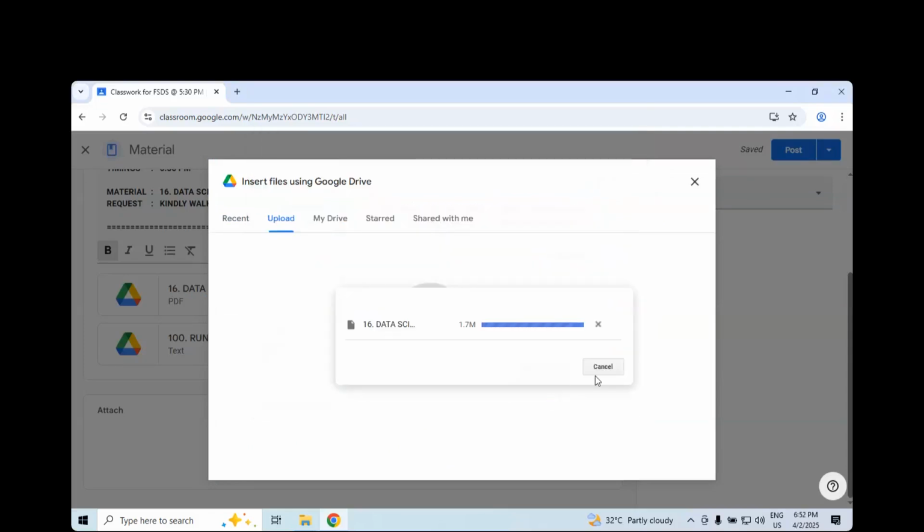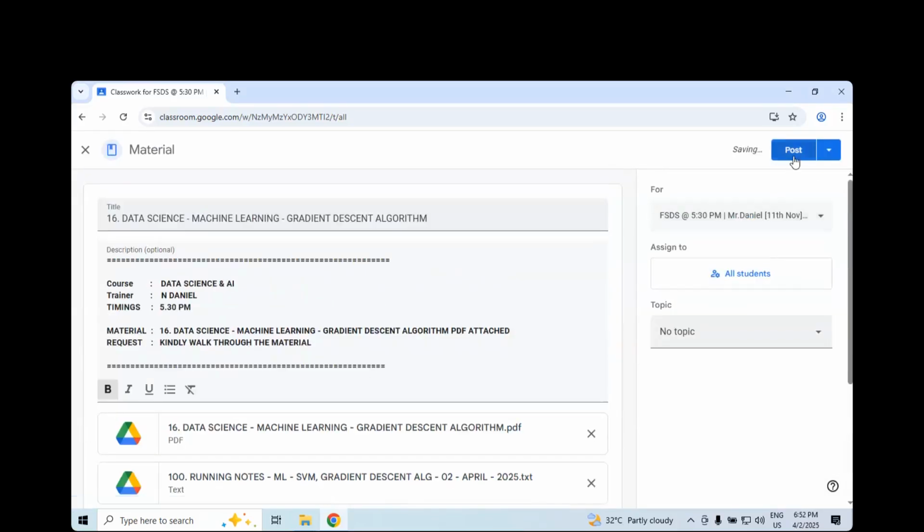It's not loading, I don't know why. Fine then. Gradient descent, gradient descent, gradient descent. Three places should match.